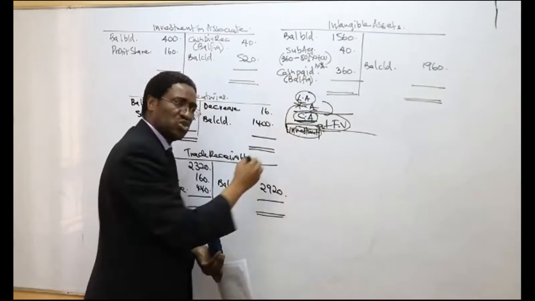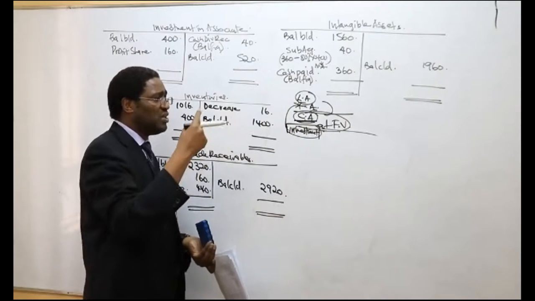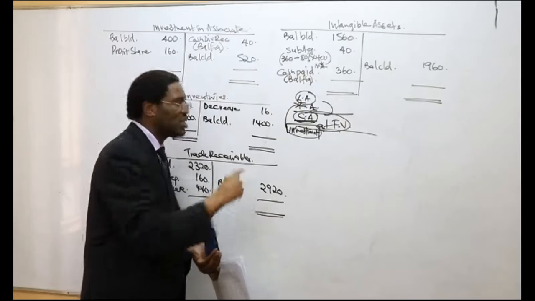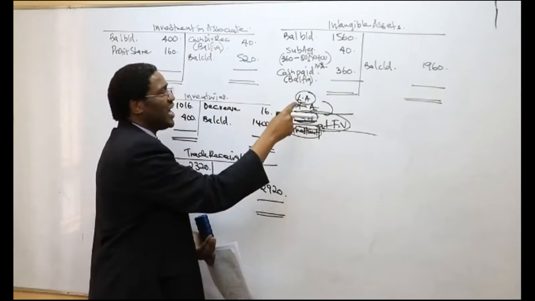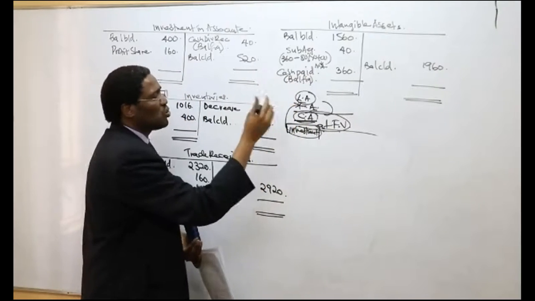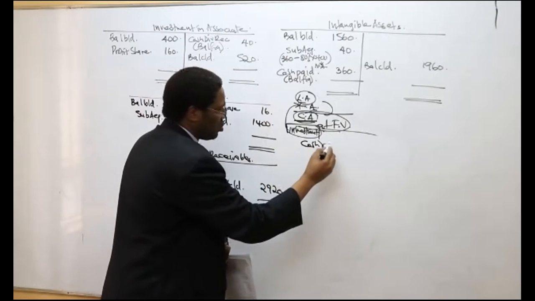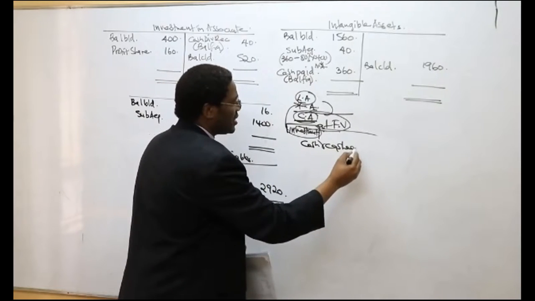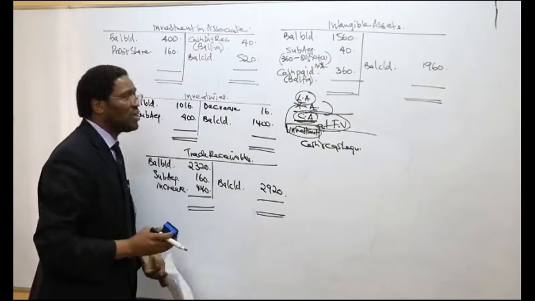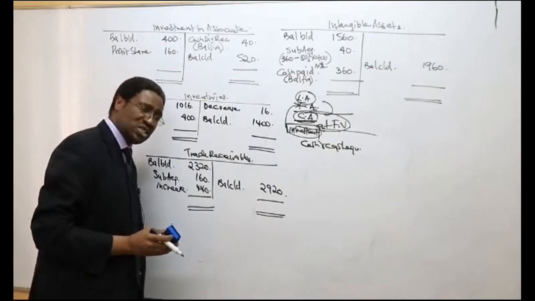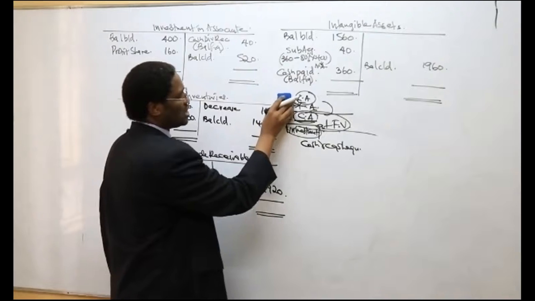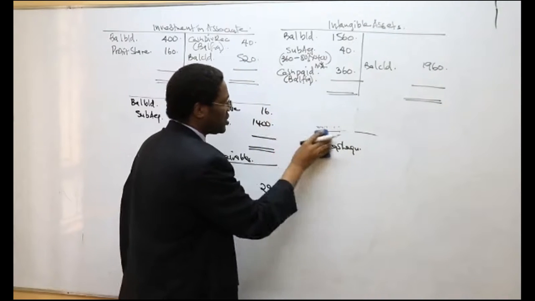The point you need to know there is when you are given an investment among the current assets in your balance sheet, then analyze that investment together with other cash and cash equivalents. That's what we are saying, that any investment by whatever name among the current assets in your balance sheet, for purposes of cash flow, use it as part of cash and cash equivalents.